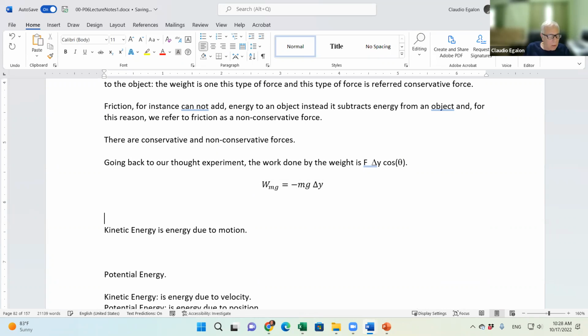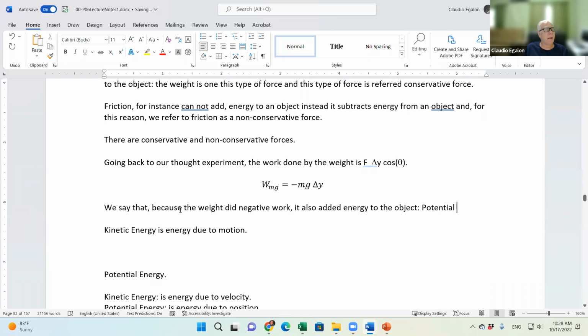We say that because the weight did negative work, it also added energy to the object. Potential energy.